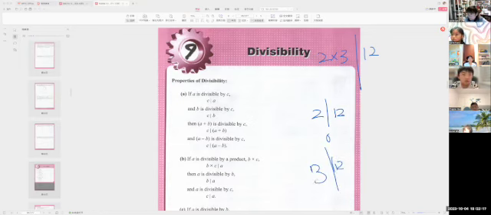Understand? Okay, Daniel, give me an example. 72 is divisible by 9.